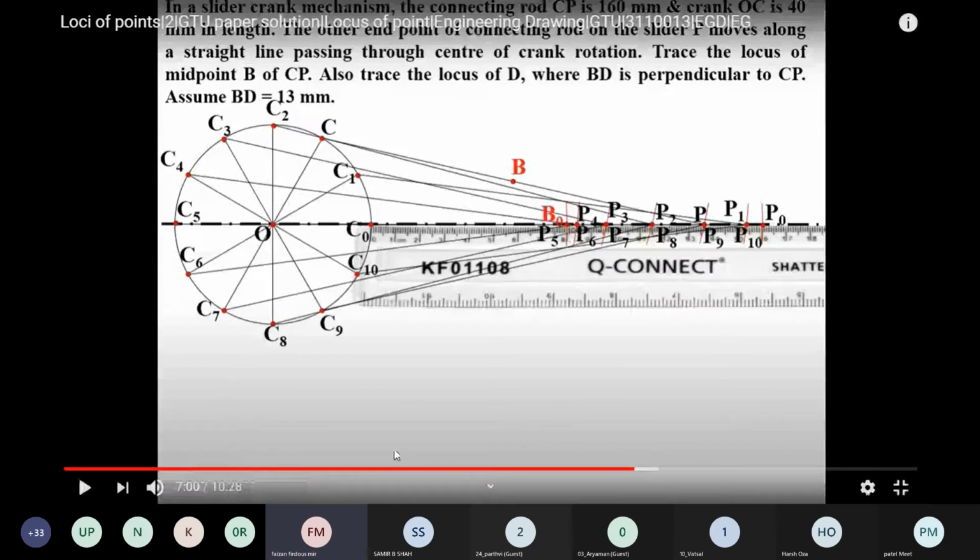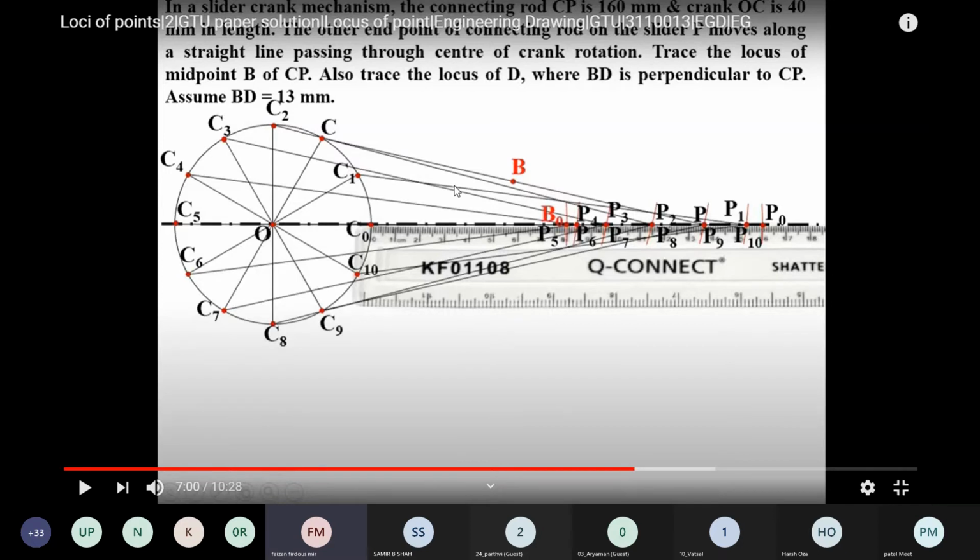Okay, now what the data says is that B is the midpoint of this CP line. It means that initially we create the point B. Now take the dimension once again, whatever we performed for a CP line, for C1 to P1, and the same way for C5 to P5, and C10 to P10. Now CB is our dimension.